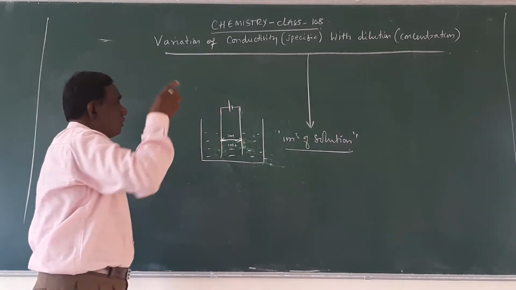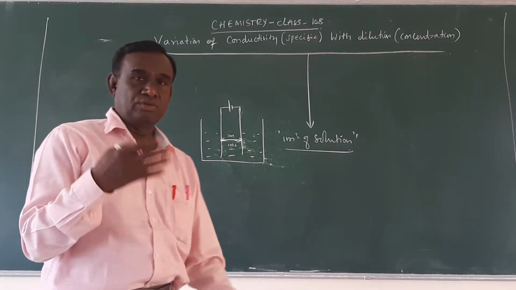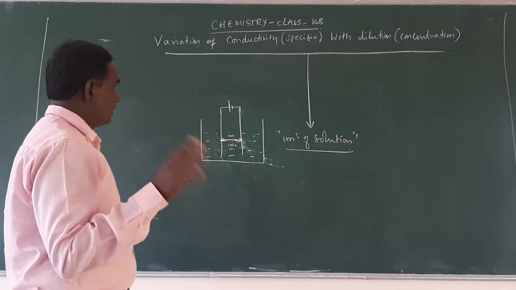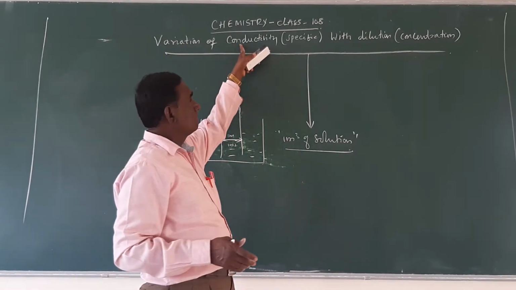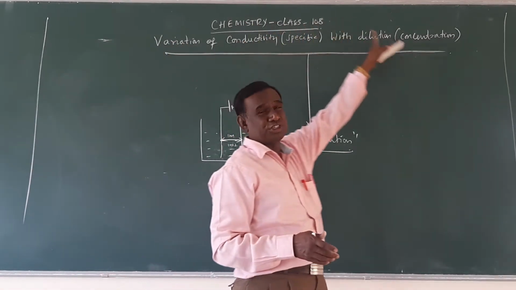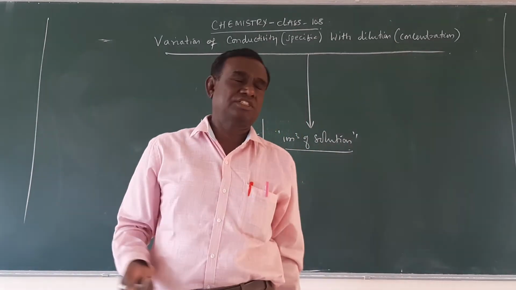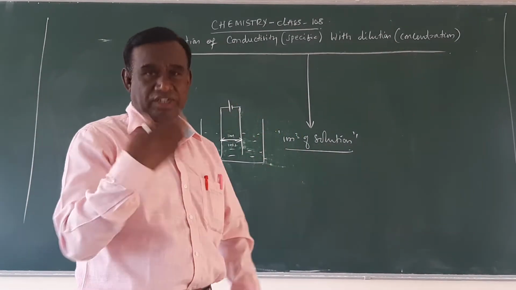So now we have two conductivities, specific conductivity as well as molar conductivity. Now let us check the variation of specific conductivity with dilution, that is with different concentrations. Dilution means addition of water.